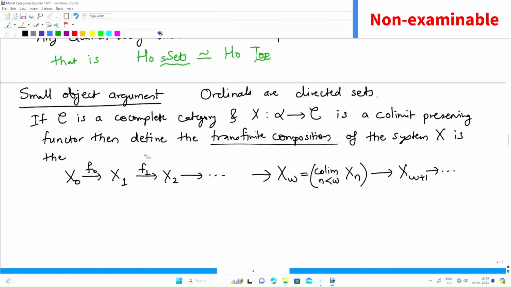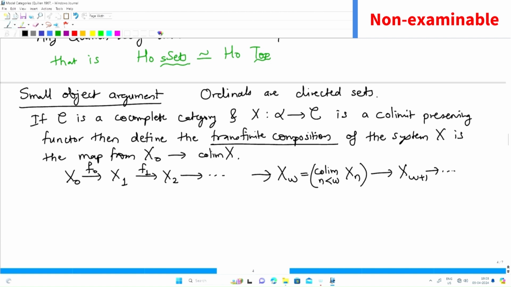So the transfinite composition is the map from x0 to the colimit of x. Whatever happens ultimately, that whole thing is called the transfinite composition.